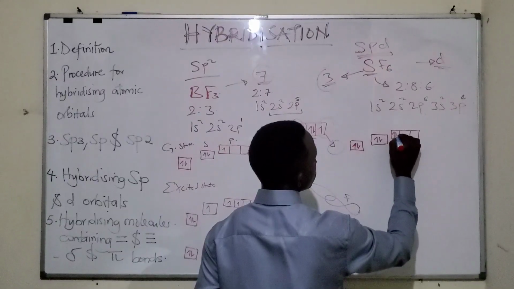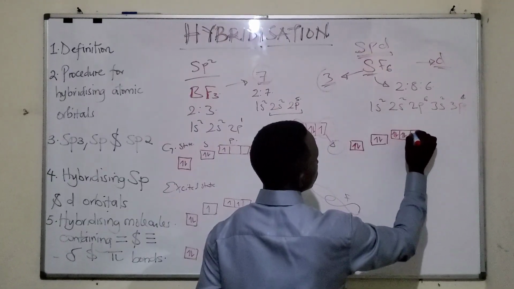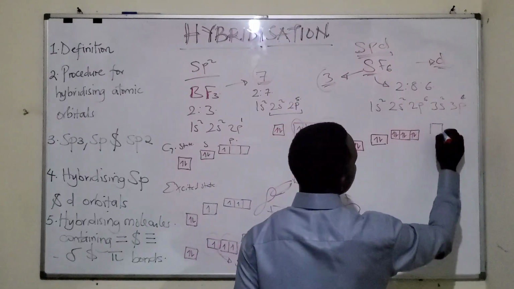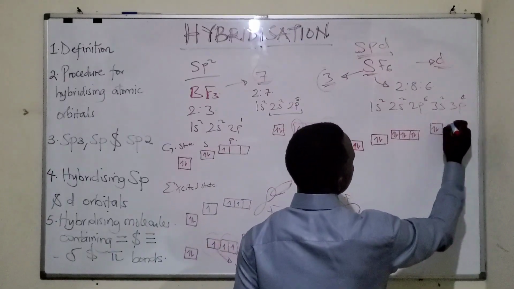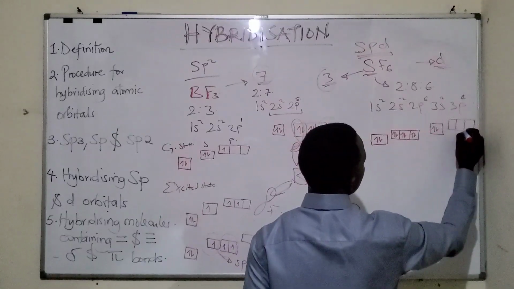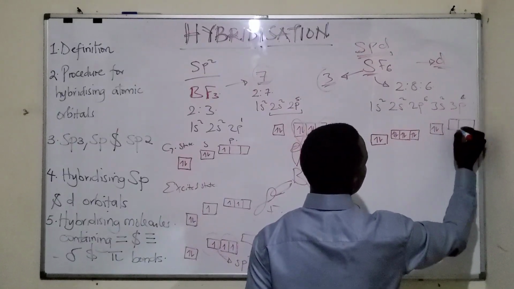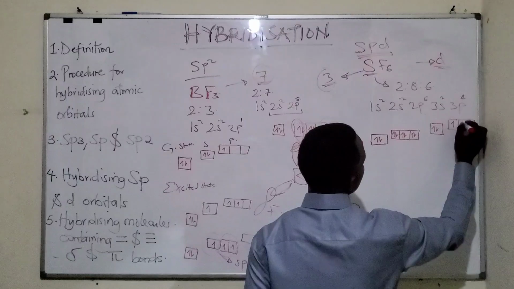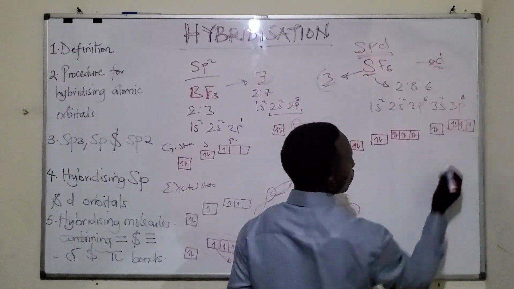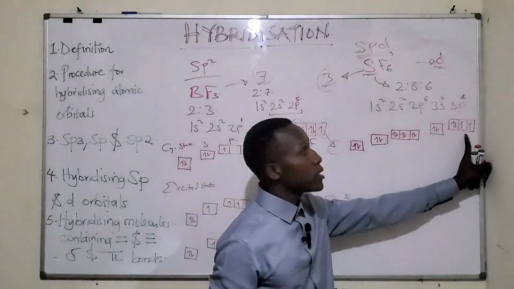They are all filled. Then 3s and 3p. In 3p, we are having 4, meaning that we have only 2 which are unpaired.